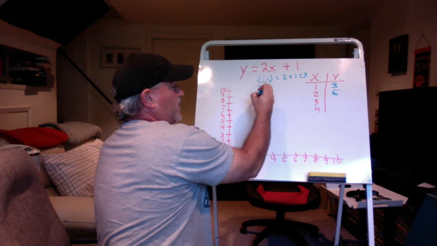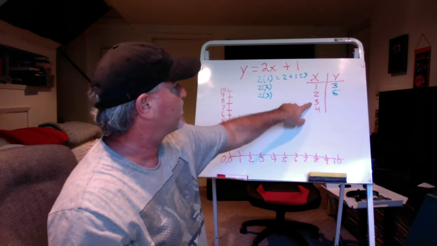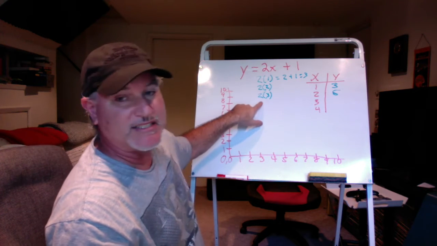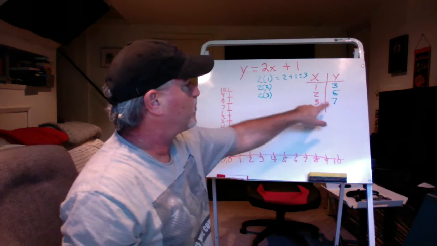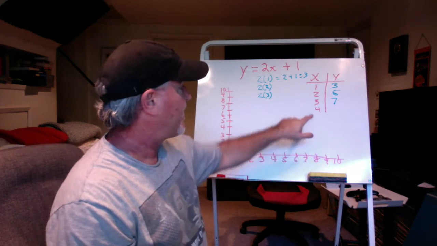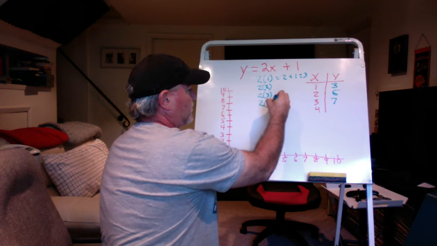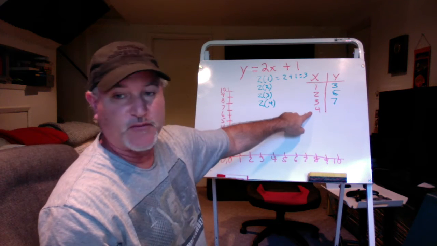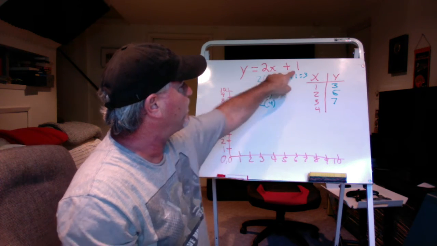I'm going to put the 3 right where the X is. 2 times 3 is 6, plus 1 is 7. So when X is 3, Y is 7. And then 4, which is 2 times 4. When I plug the 4 into the X, it's 2 times 4 is 8, plus the 1 is 9.